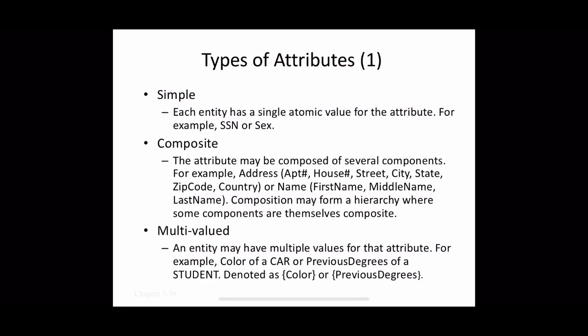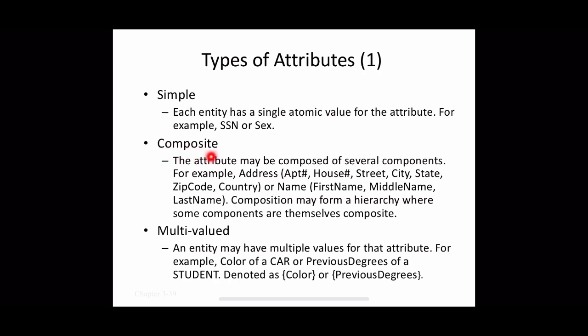Attributes. So attributes can be classified as either simple, composite or multi-valued attributes. Any attribute which has a single atomic value can be called a simple attribute. Just for example, SSN will always be atomic, right? We cannot further divide that value into components.